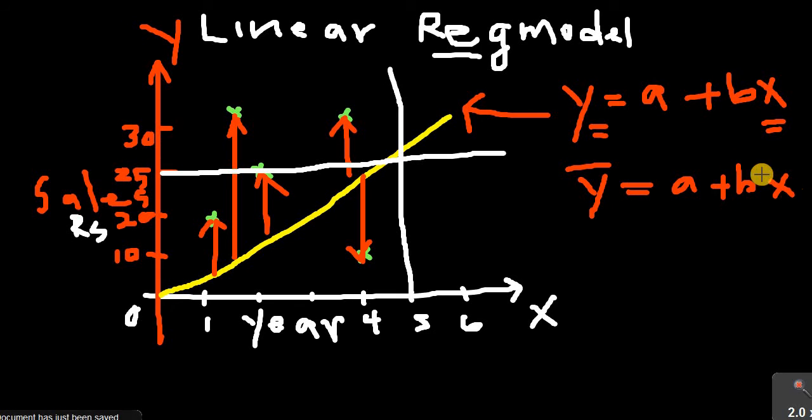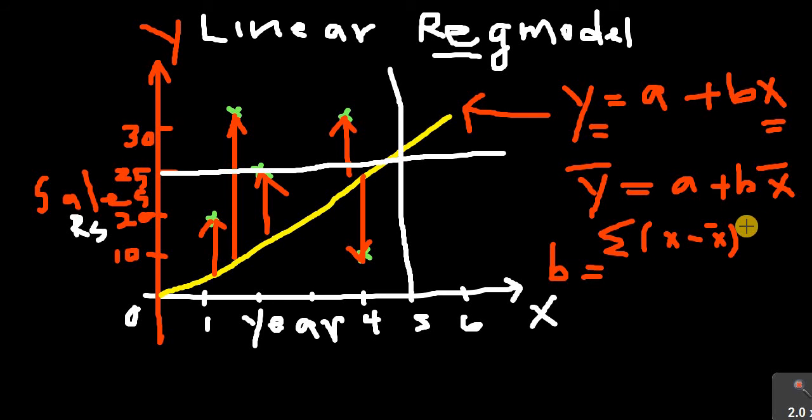From the given data for 5 years or 10 years, it is possible to calculate this. So from this we can find a and b, where b is given by the summation of x minus x bar into y minus y bar.